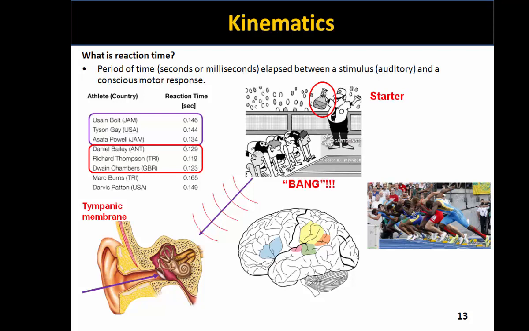When that membrane reverberates, it causes movement in very small bones within the inner ear, and those very small movements will generate action potentials.